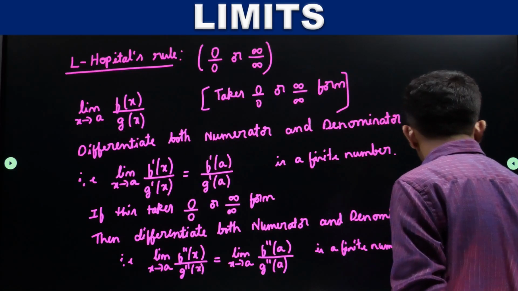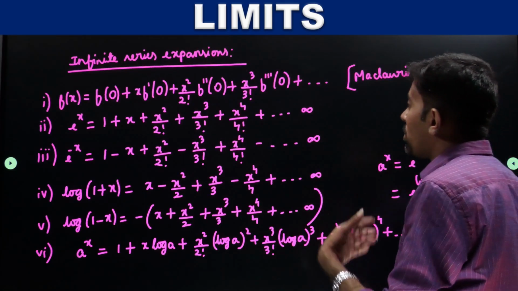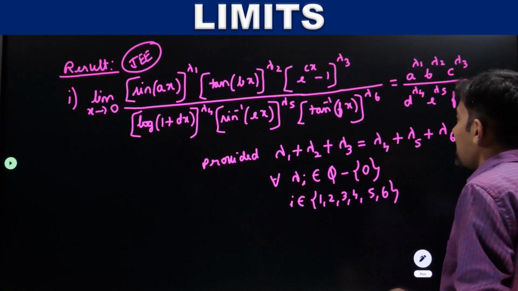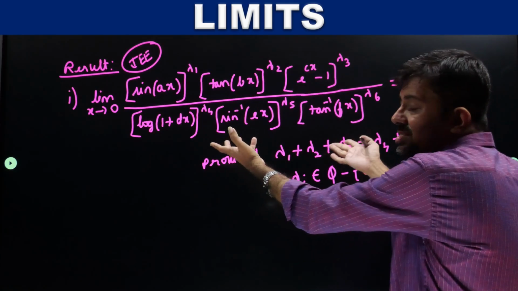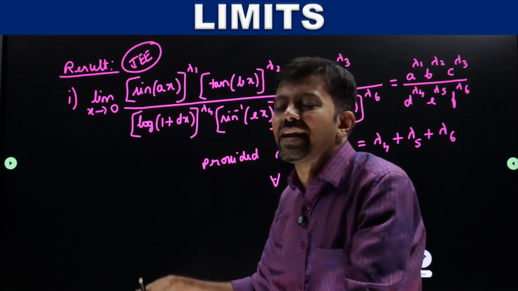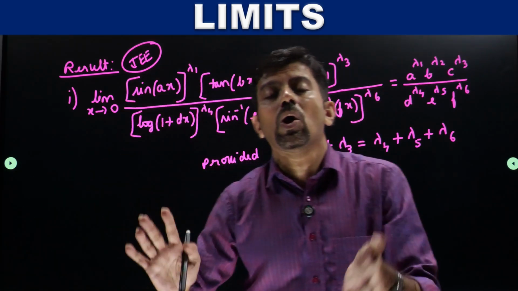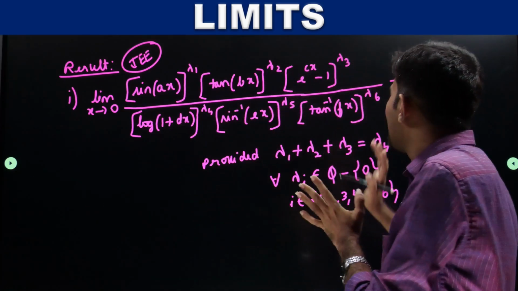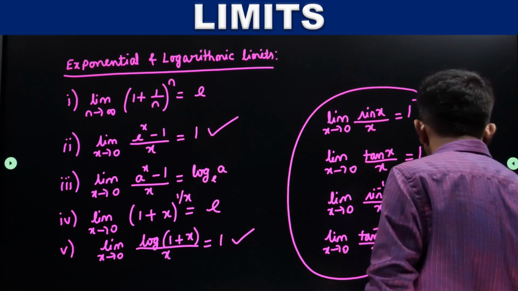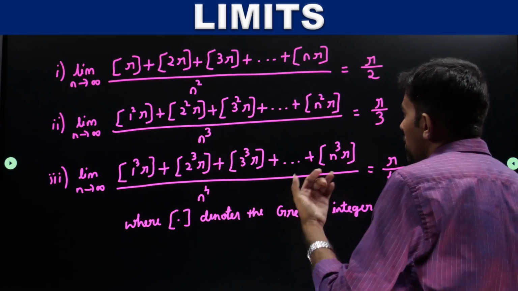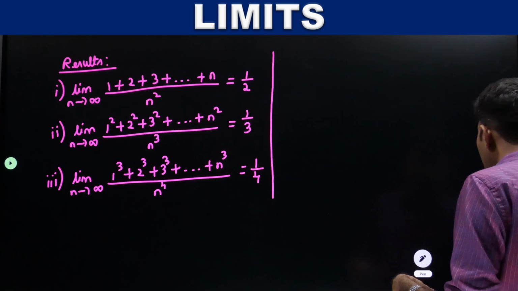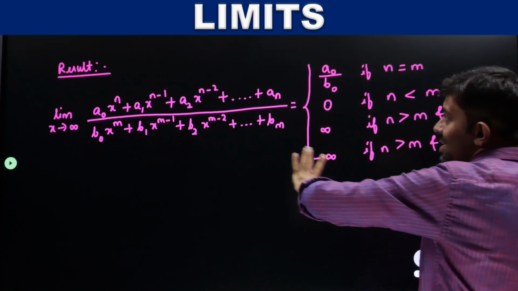Also limits at infinity, limits of exponential and logarithmic functions, trigonometric functions, and one beautiful result which involves trigonometric, inverse trigonometric, exponential and log functions. Such a beautiful result is given here. And also about the greatest integer function, I told you about the limit as x tends to 0. This is another important result.